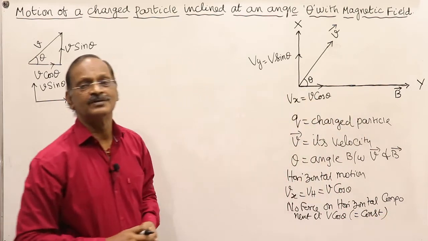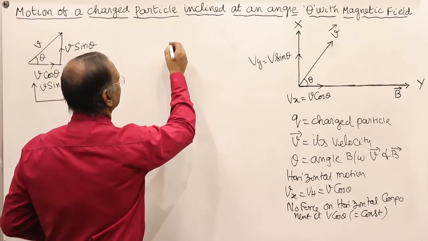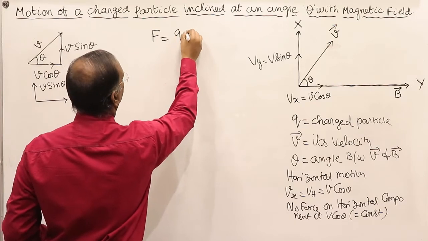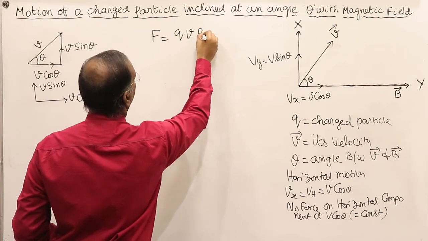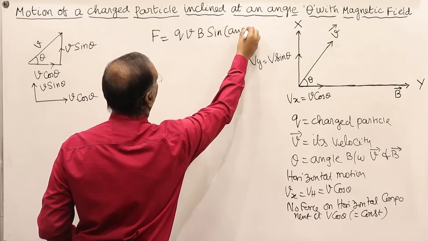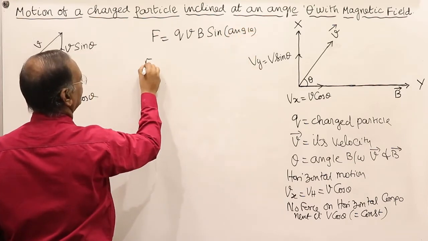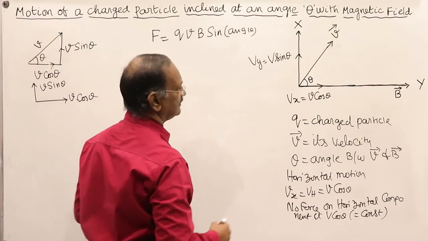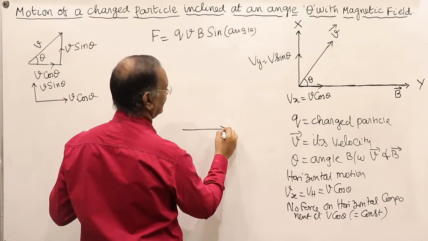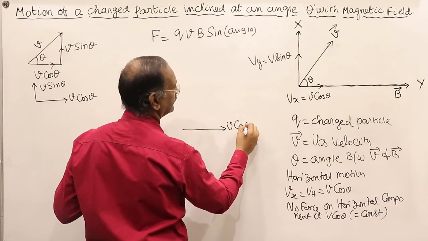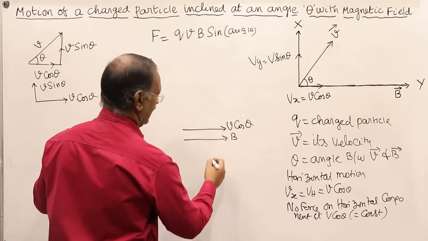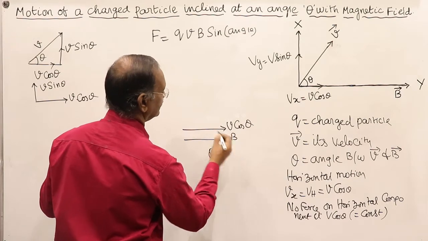Why constant? Because no force acts. We know the magnetic force F is equal to Q into V into B into sine of the angle. Here the velocity component is v cos theta, and the magnetic field is also in this direction, so the angle between them is equal to 0.